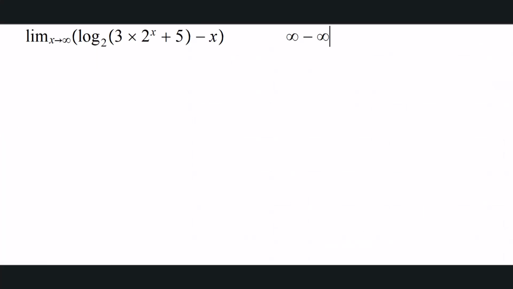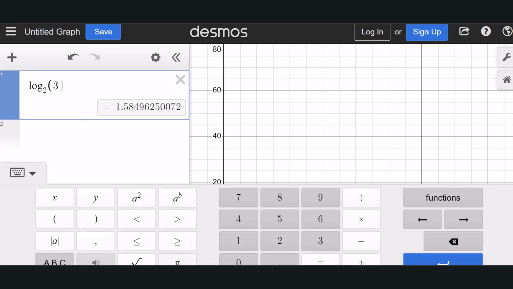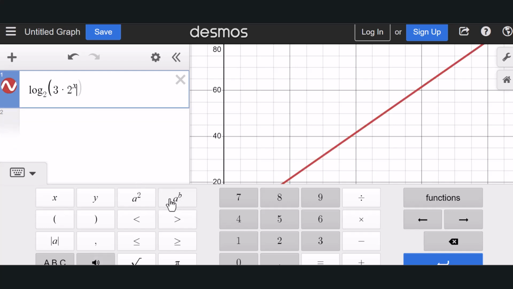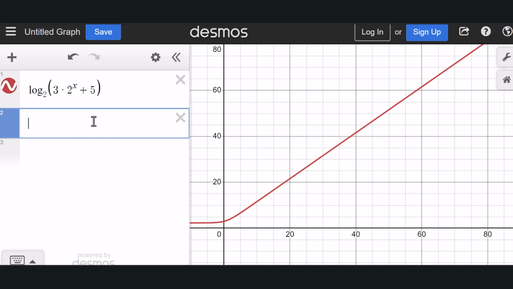I forgot, the function is log base 2 of 3 times 2 to the power x plus 5. So here it seems to go to infinity as x goes to infinity, and the other part was x. So here is a blue graph that also goes to infinity.